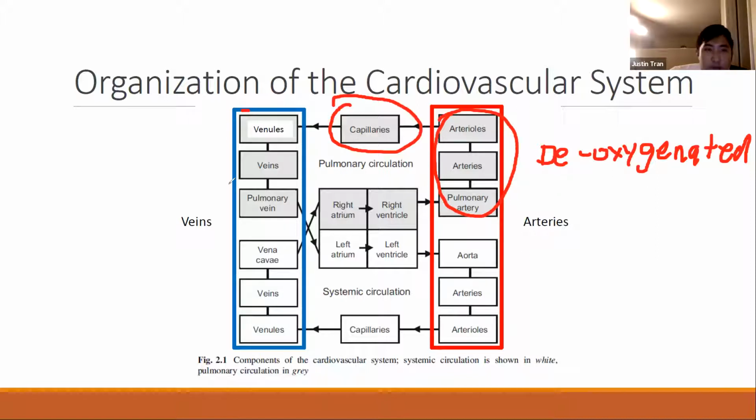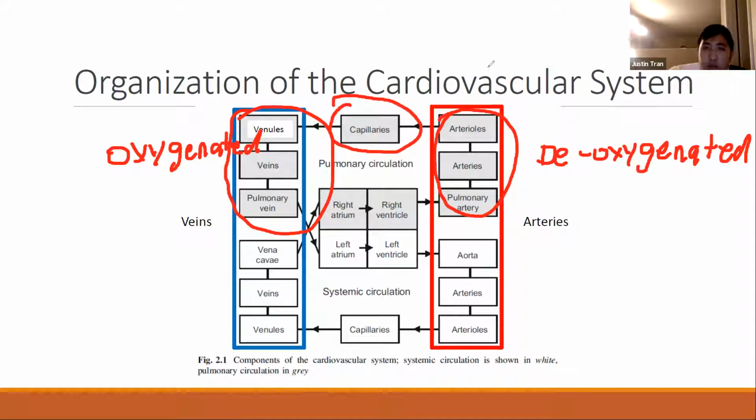And by the same vein, pun intended, when we look at the veins here in the pulmonary system, this is after the blood has obtained oxygen from the lungs. So this blood here is oxygenated. Your lungs have a system of arteries and veins as well, but the degree of oxygenation is flipped for the lungs, because that's where the blood actually goes to get oxygen.